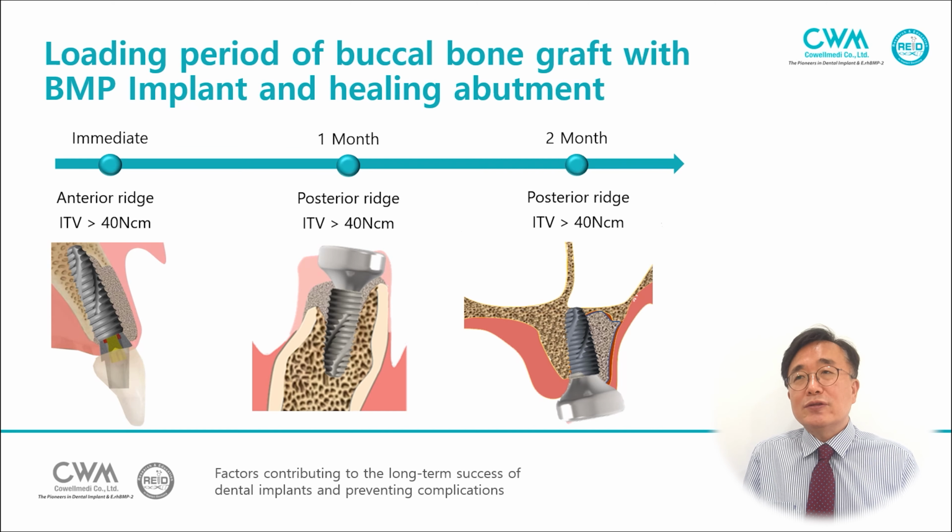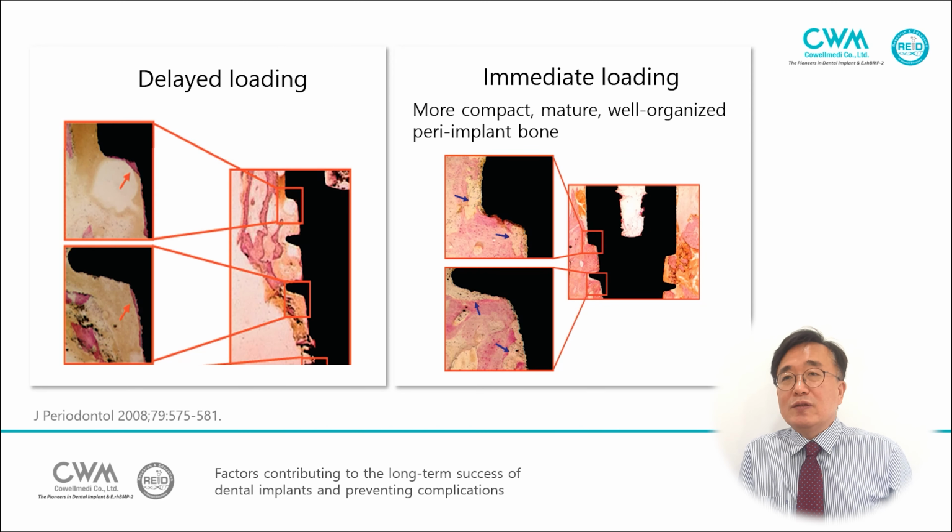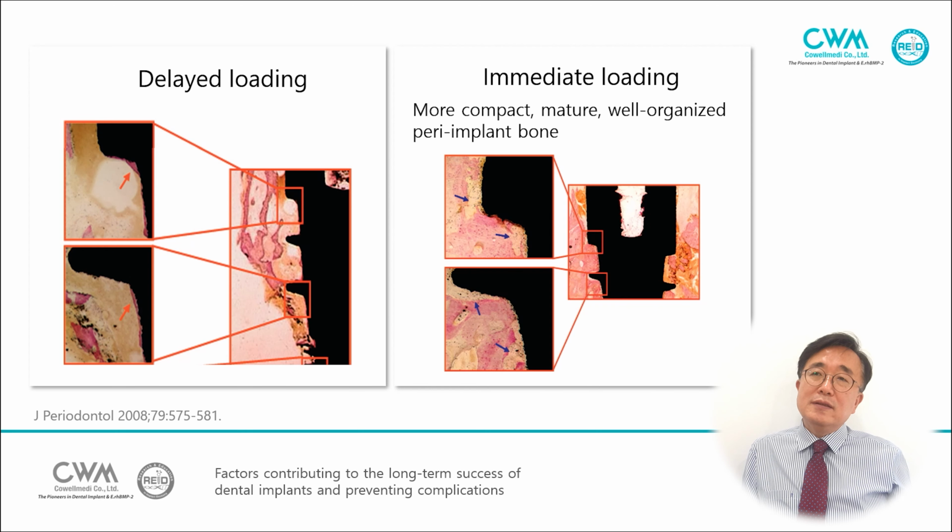So we can shorten this loading period because the healing abutment, wide healing abutment or immediate restoration induces more compact and mature, well-organized peri-implant bone. So we can shorten this healing period and loading time.